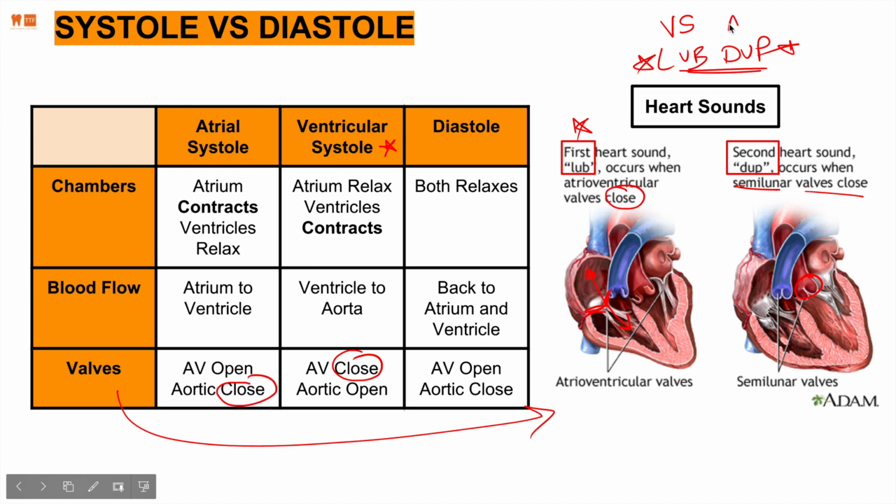So, atrial systole. And that's when dub is produced. So lub dub, lub dub, lub dub. It's when ventricles contract, all the blood out, and now we have aortic valves closing. Fair enough? Perfect. That's lub dub.